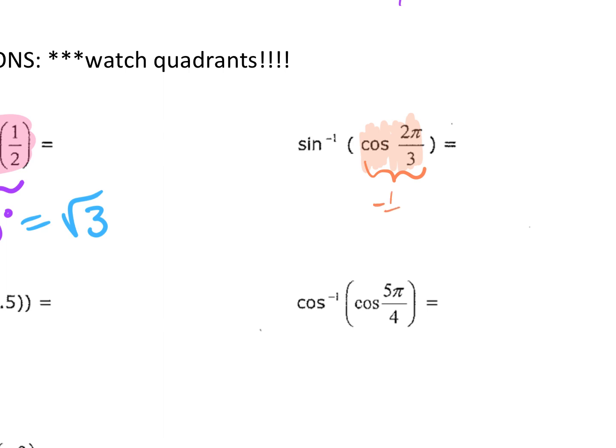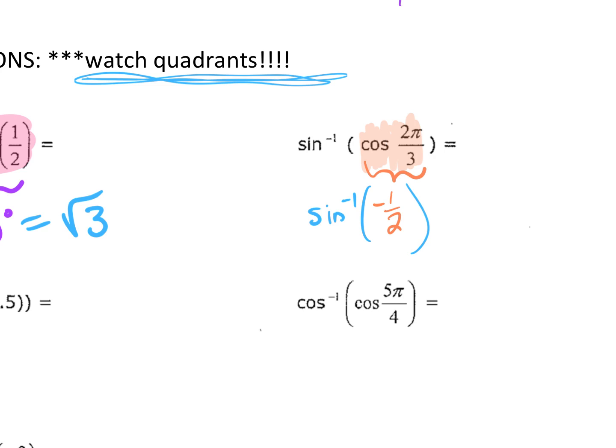There you go, excellent, yes. So negative 1/2 is the value that we get, okay? And now this is saying we want to do the inverse sine of that negative 1/2. So here's why I have this little note here about watch quadrants, because we're about to have to jump quadrants, aren't we? Now we have to do the inverse sine of something negative.